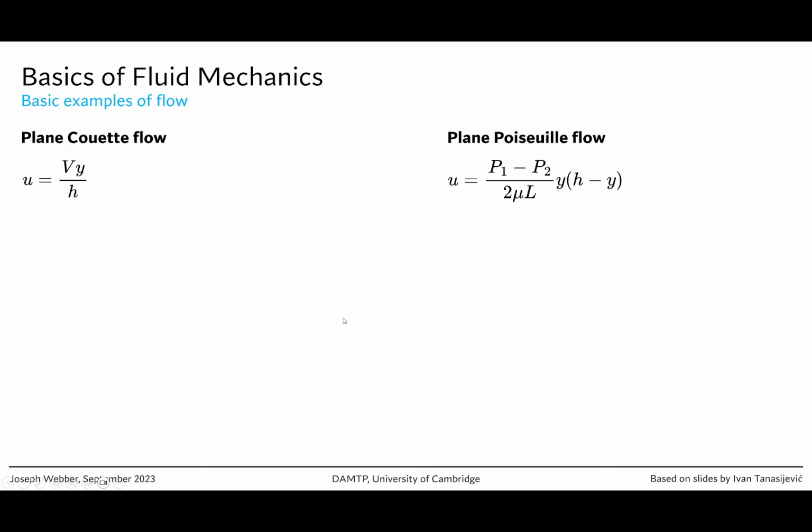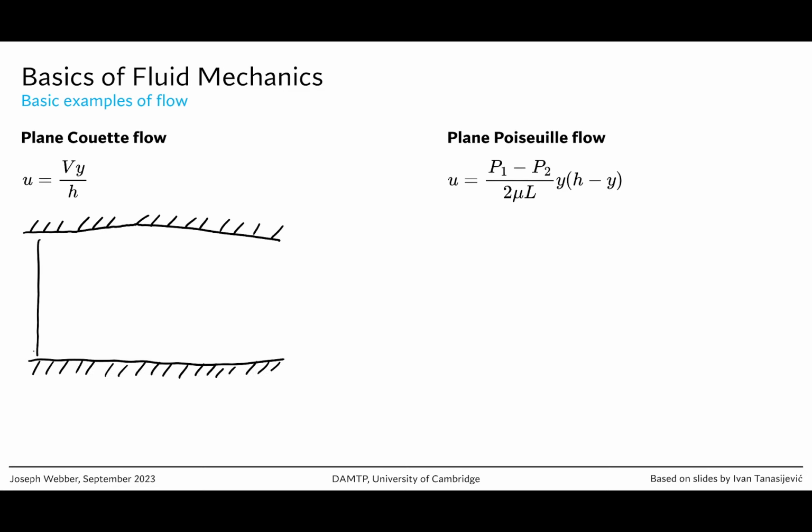Right, let's just look at two simple examples of viscous flows. Here's one called plane Couette flow. We've got two planar boundaries that I've drawn in an attempt to be parallel but have not come out to be particularly parallel, separated by a fixed distance h, and this top one is moving at velocity V and this bottom one is stationary. And the flow just has a linear profile.